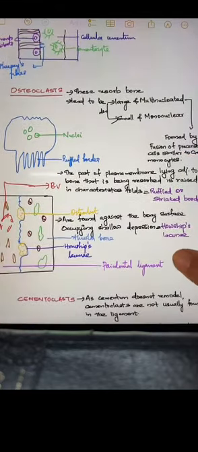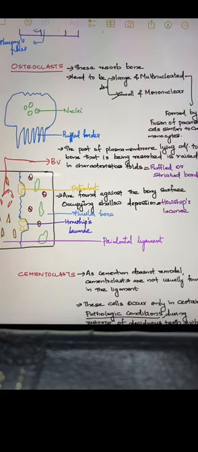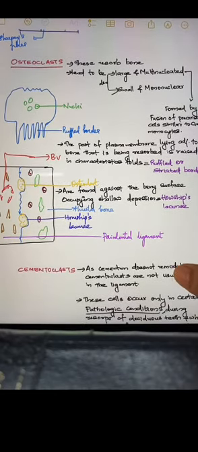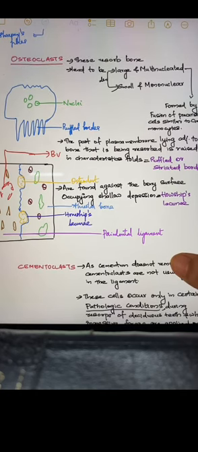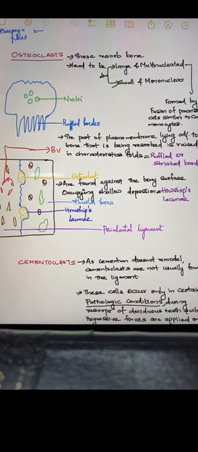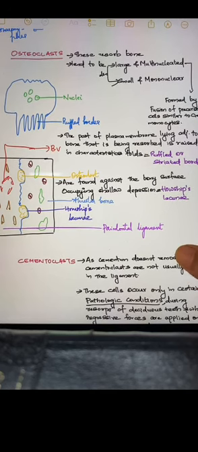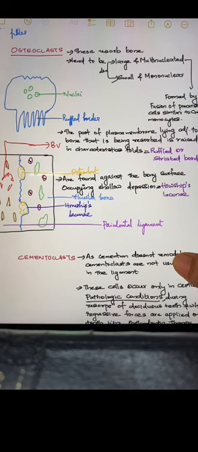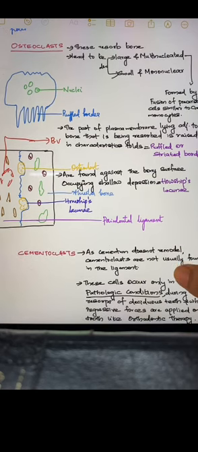Next is the osteoclast. When we know the term clast, it means resorption. So these osteoclasts resorb bone and tend to be large and multinucleated, though they can also be small and mononuclear. The multinucleated type is formed by fusion of precursor cells similar to circulating monocytes.